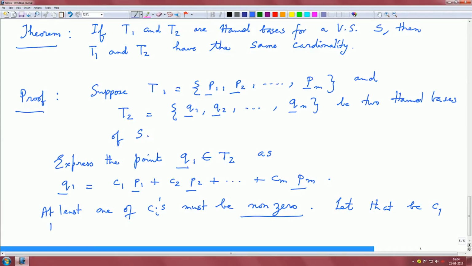So, now P1 is basically 1 over C1 times Q1, minus C2 P2 minus C3 P3 dot dot dot minus Cm Pm.